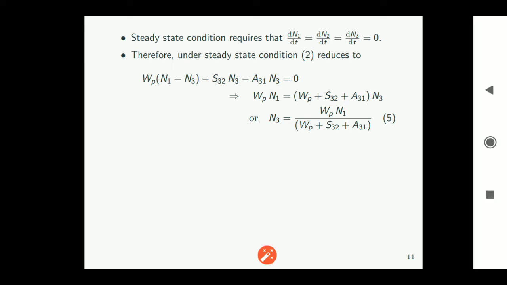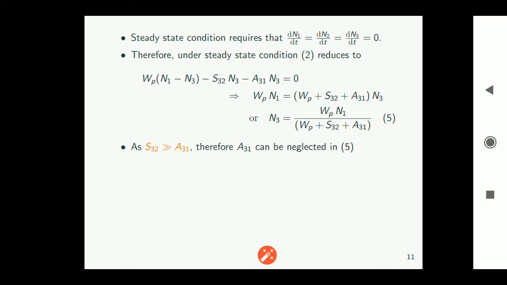That's the equation. Now in this equation you must note that E2 represents the metastable state and E3 represents a normal state. So that actually tells that there are more transitions from third level to second level than from third level to first level, and that implies basically S32 will be much greater than A31.